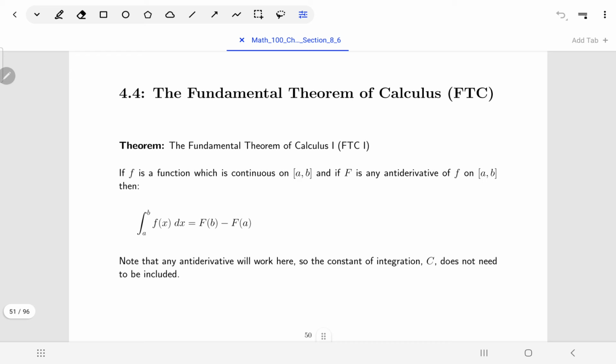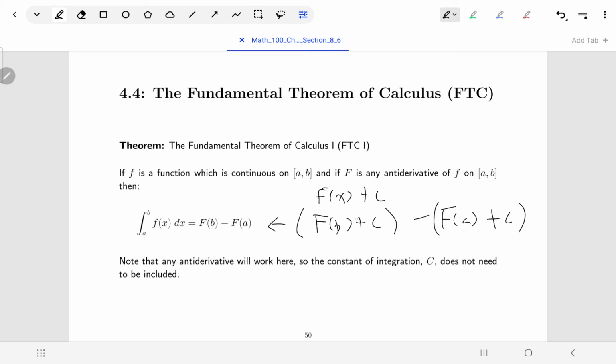And any antiderivative works here, which is the reason why we don't really need to use the constant of integration. Suppose you had some constant of integration included. Well, when you evaluate it at b, and then subtract evaluating it at a, the constant of integration would get subtracted from itself and would cancel out.